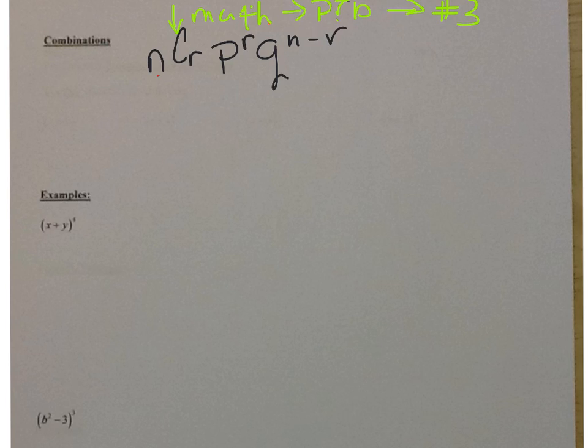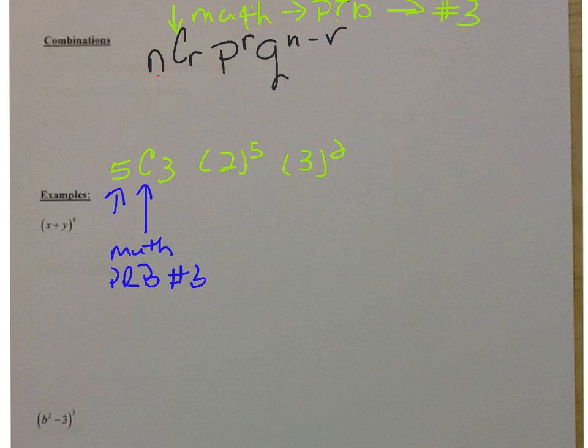Okay, so let's try practicing putting this in: 5C3, 2 to the 5th, and 3 to the 2nd. Hit clear on your calculator and type 5 in first. Then go to math, probability, number 3, and it should look like that on your screen.